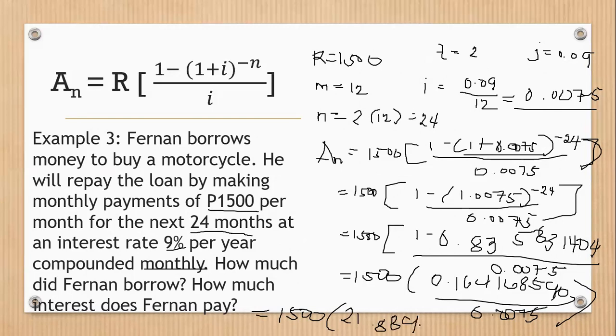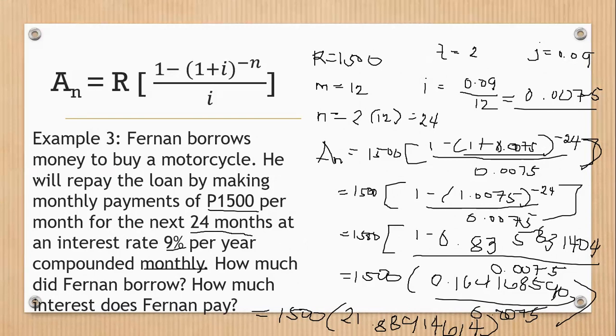21.889,14614. Times po natin sa 1,500. So 21.88914,614 multiplied to 1,500.